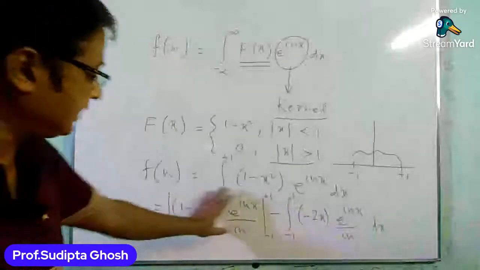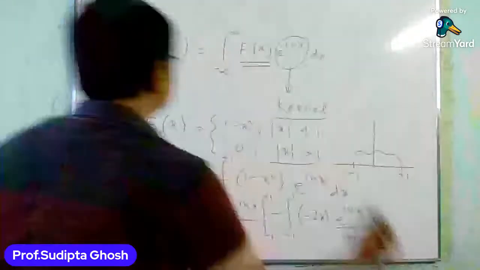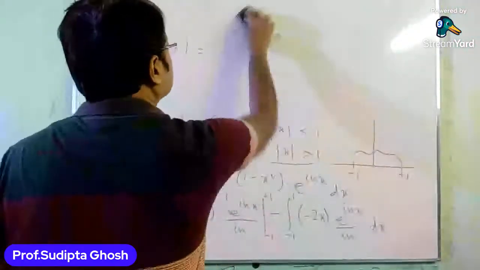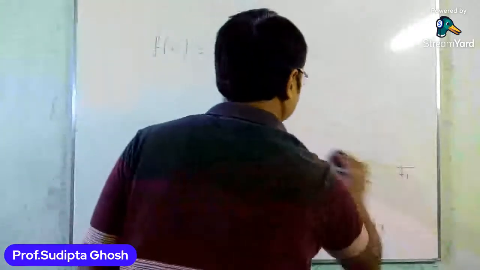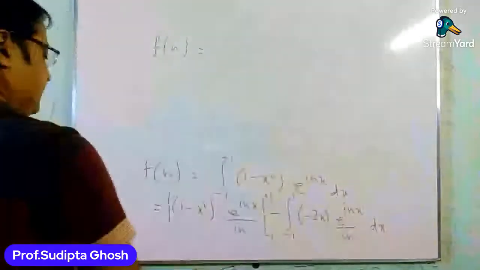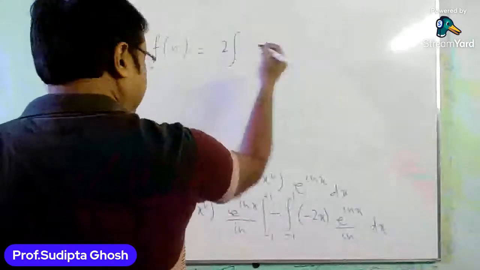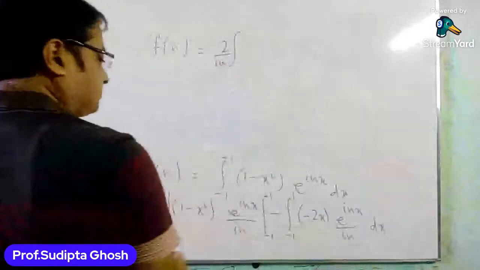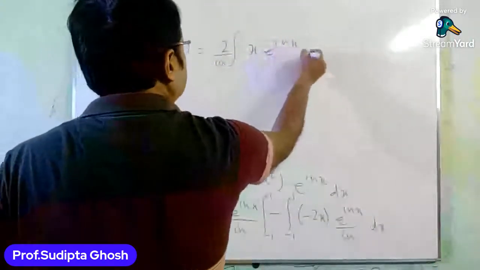So I can skip this part in my next step, and I can write it as f of n equals to, so it will be minus minus plus, that is twice integral, or rather 2 by i n, x into e to the power i n x dx.